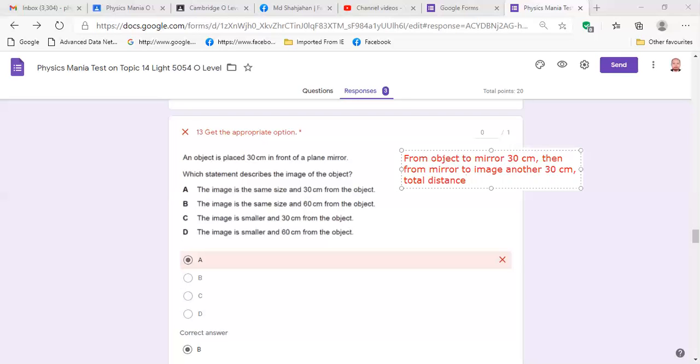Yes, sir. Total distance from object to image is 60 centimeters.